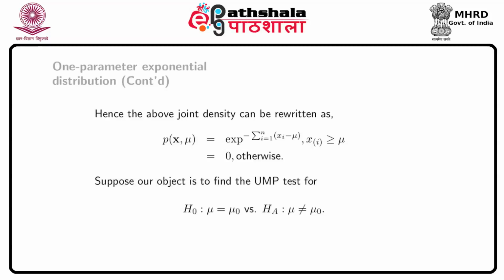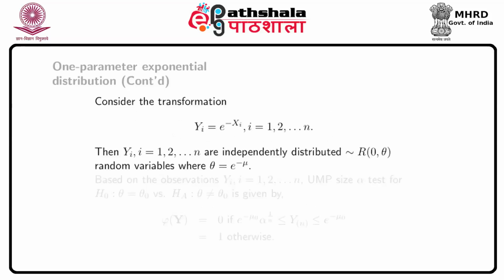Suppose our objective is to find the UMP test for H0: mu = mu0 against HA: mu not equal to mu0. Consider the transformation yi = e to the power minus xi, i from 1 to n. Then yi, i from 1 to n, are independently and identically distributed R(0, theta), where theta = e to the power minus mu.